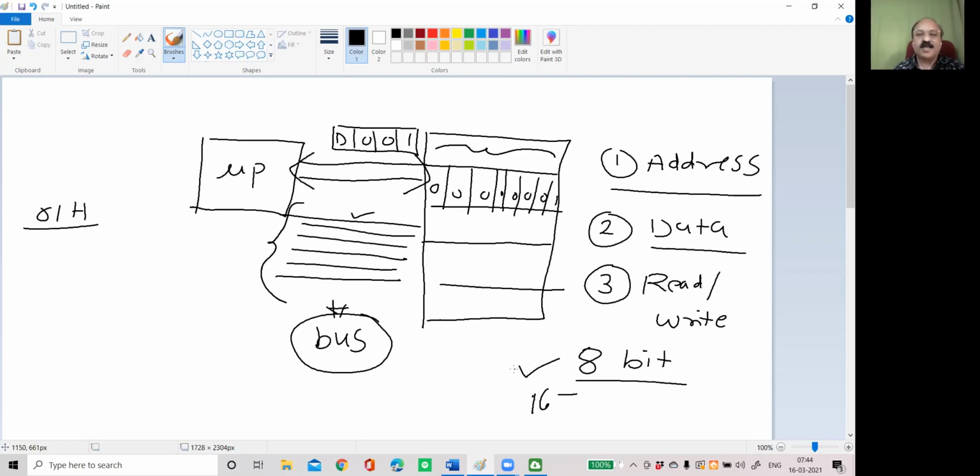So the address bus is of 16 bits. This is the characteristic of 8085. The address bus is of 16 bits and the data bus is of 8 bits. The third bus required is the control bus, which indicates which function is to be used, whether it is a read or a write function.